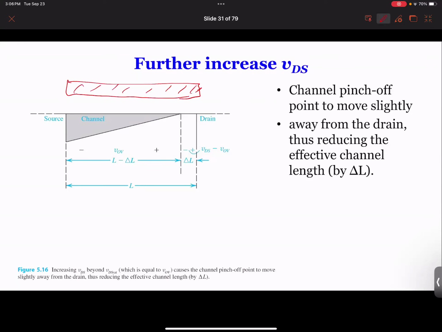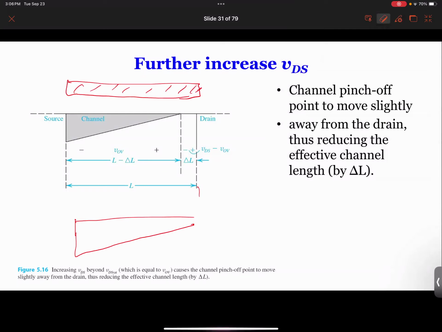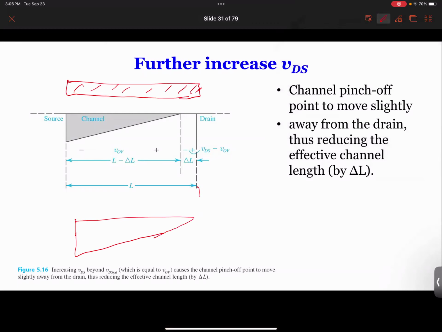But when you apply voltage, it becomes slightly like this. So it becomes like this area.